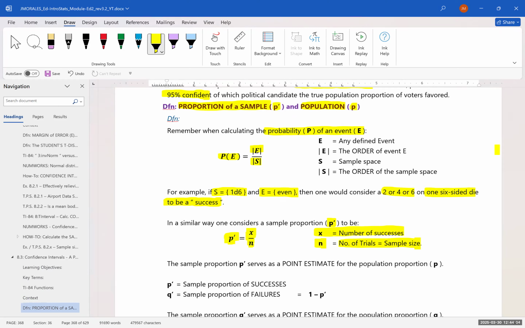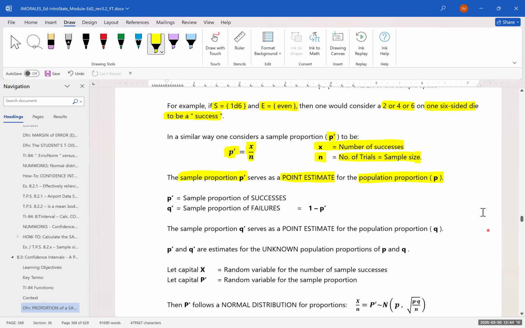The sample proportion P prime serves as a point estimate for the population proportion. P prime represents the sample proportion of successes, and Q prime represents the sample proportion of failures. Q prime can be calculated by taking 1 and subtracting P prime from it.